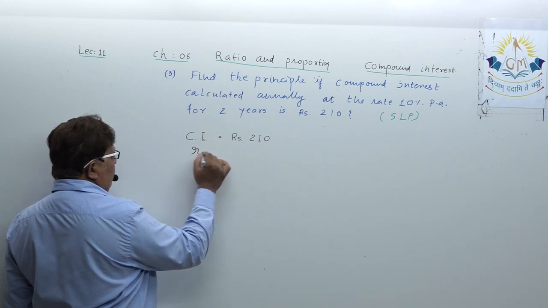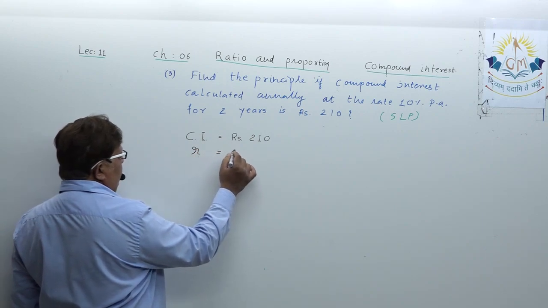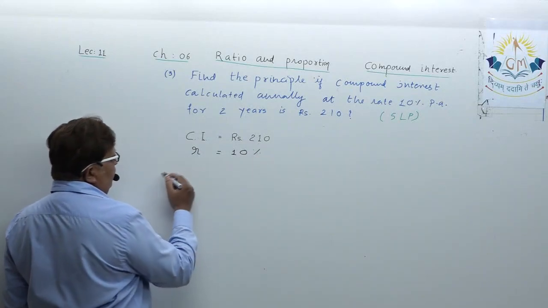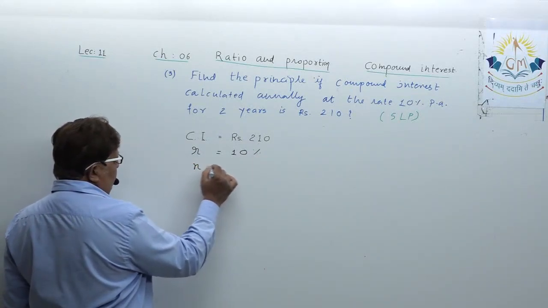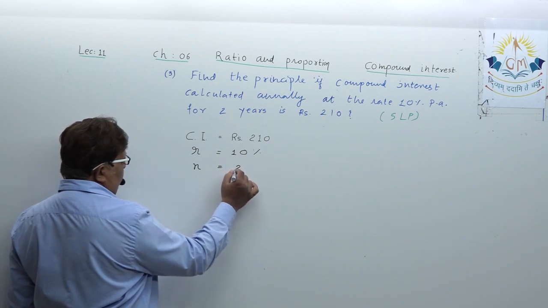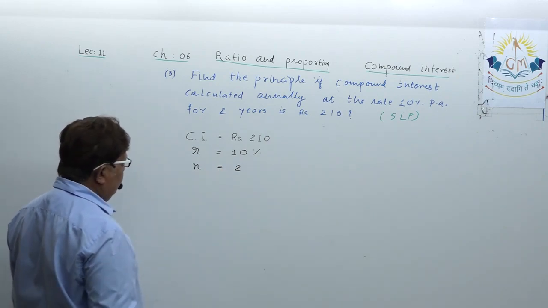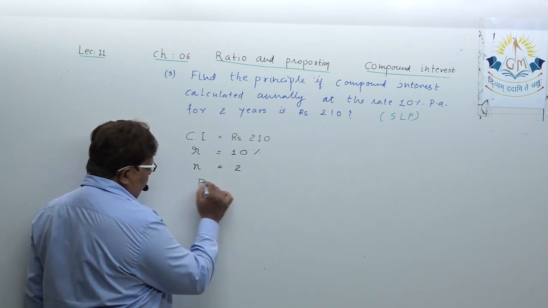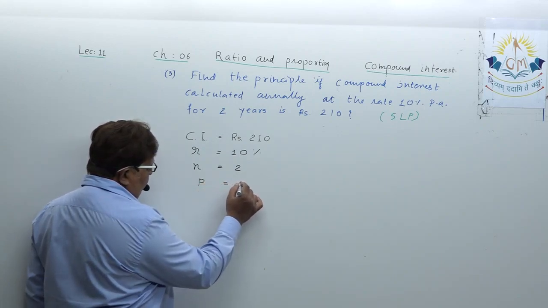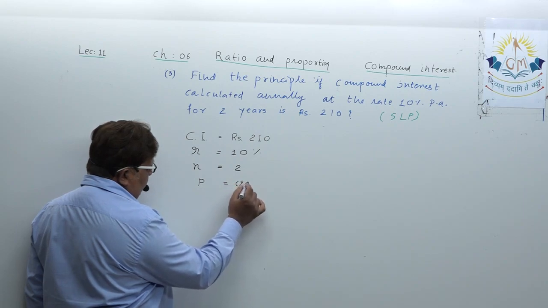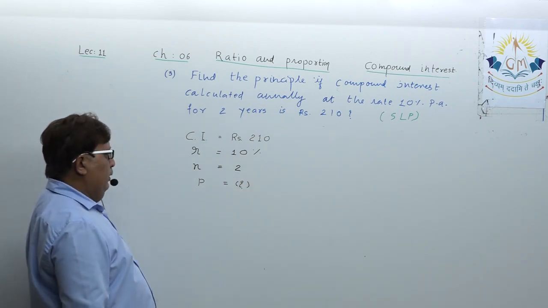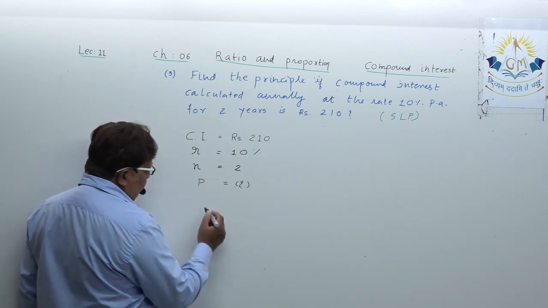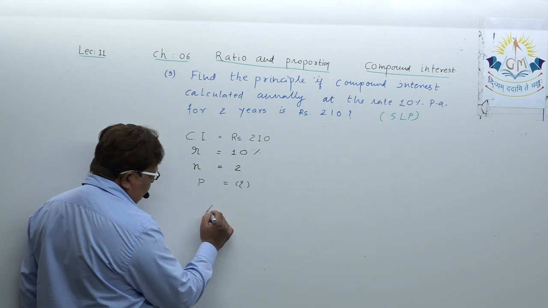We are given rate of interest 10%. We are given period 2. And you are looking for finding principal. Okay, dear student, first step over.